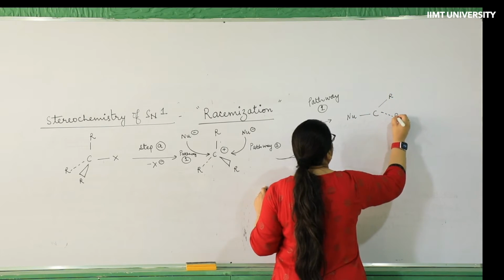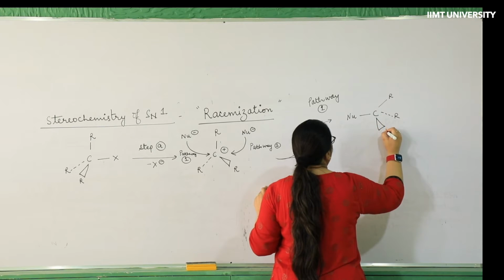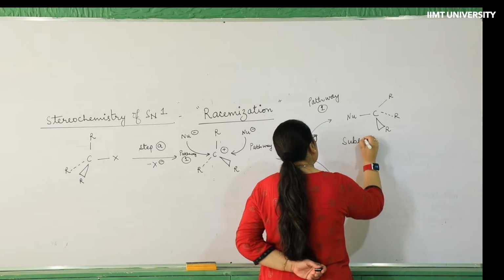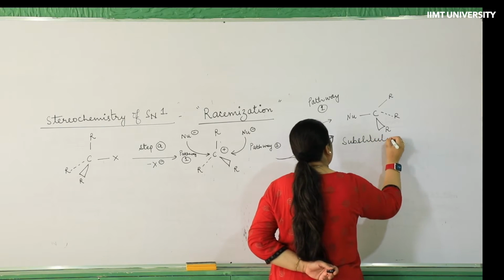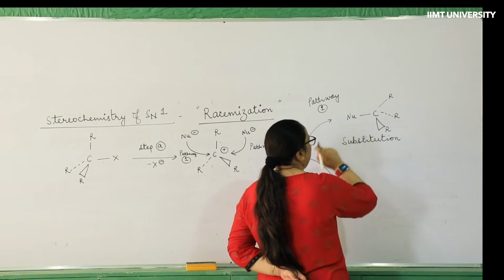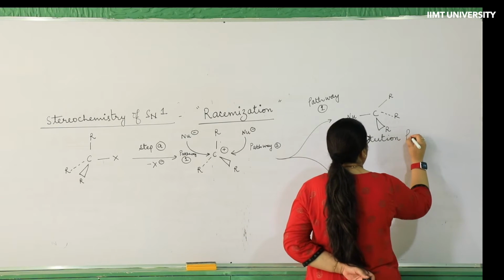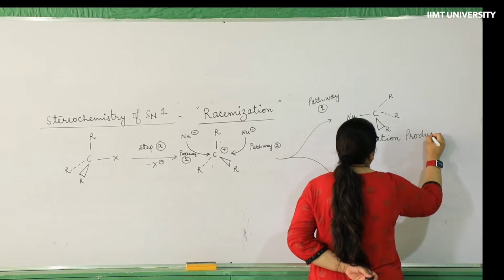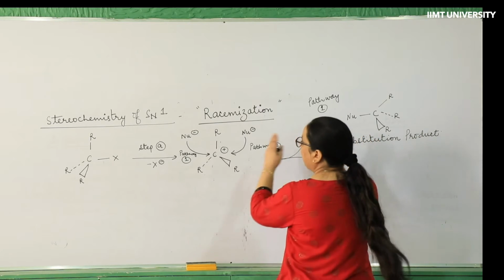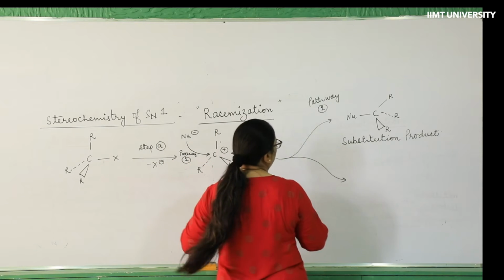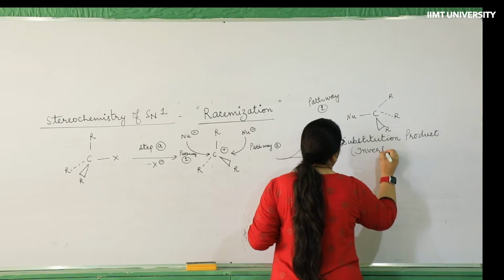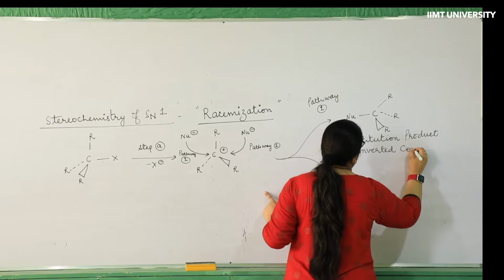And there is the formation of the substitution product, in which the halide is being substituted by the nucleophile, and the configuration of the product is just opposite to that of the reactant. So we can say it has inverted configuration.